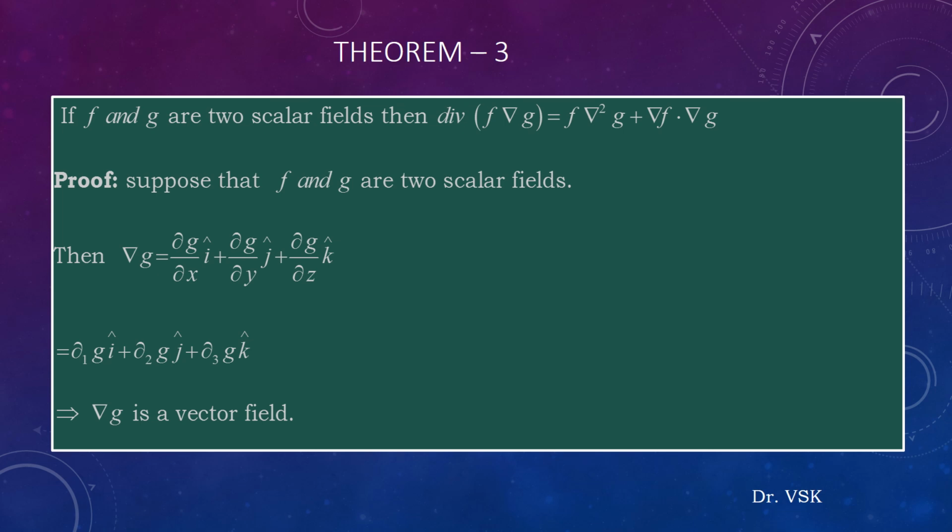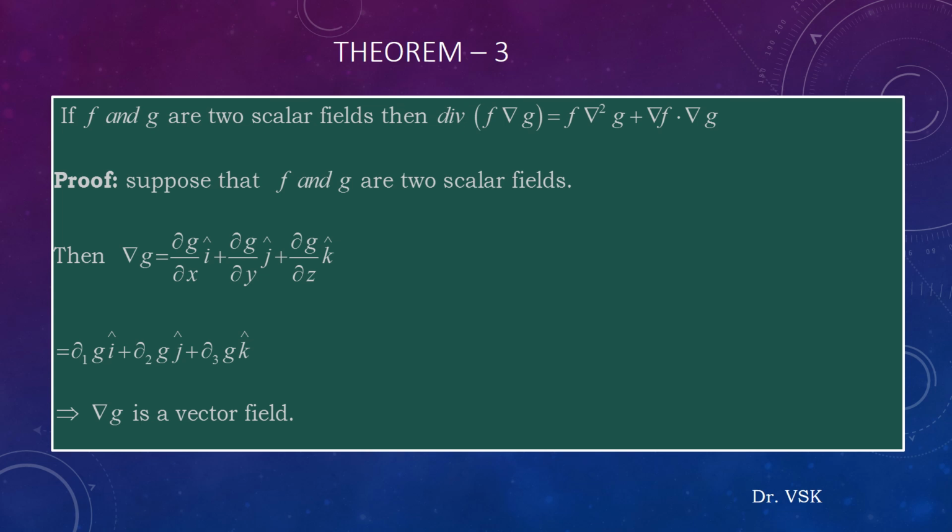In this identity, we have the divergence of F del G equals F del square G plus del F dot del G. Let us prove this identity by using our theorem number 1.